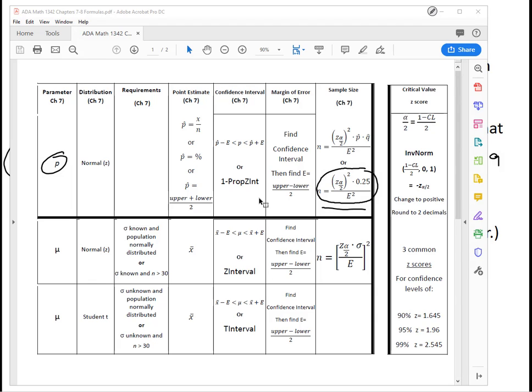Thankfully, in this very rightmost column off to itself, titled critical value Z-score, I'm given the 90% critical value already down at the bottom of that column. You remember you have 3 values that will be given to you: 90, 95, and 99%. So my 90% Z-score is 1.645. That's what I'm going to use for Z alpha over 2.